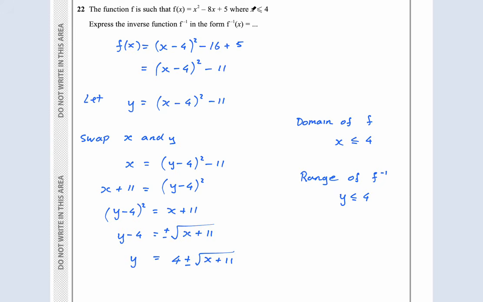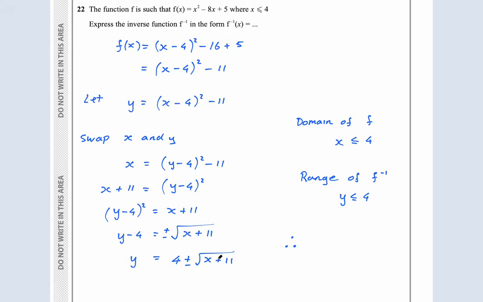But if the domain of f is x less than or equal to 4, then the range of y has to be less than or equal to 4. So y has to be less than or equal to 4. That means y cannot be 4 plus this.